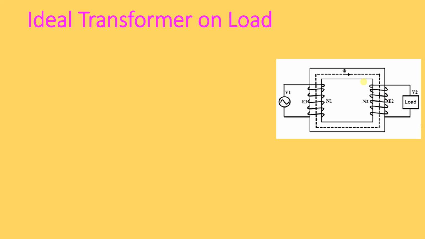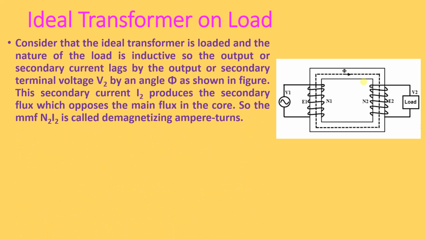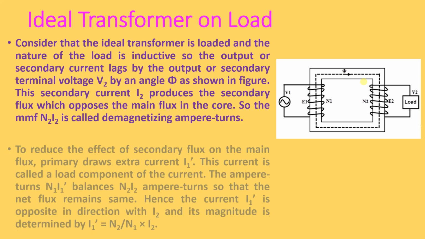The figure shows the transformer and the load is connected to the secondary of the transformer. This is the ideal transformer. Consider that the ideal transformer is loaded and the nature of the load is inductive. So the output or secondary current lags the output or secondary terminal voltage V2 by an angle phi, as shown in the figure.